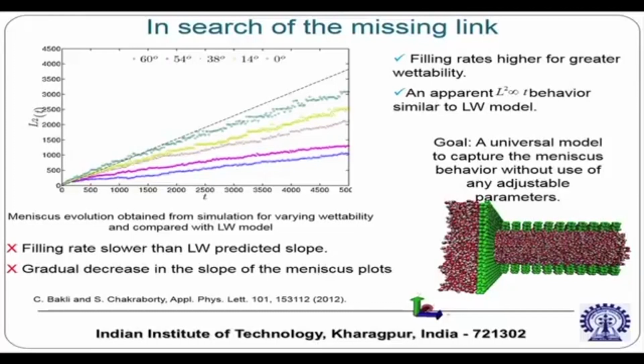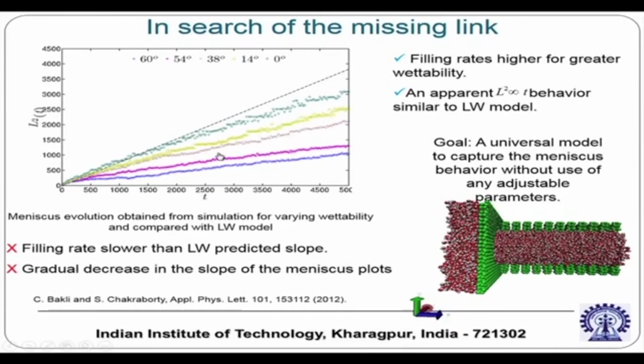If you look into this graph, you will see L square versus T. The Lucas-Washburn model gives L scaling with the square root of T, so L square versus T is linear.